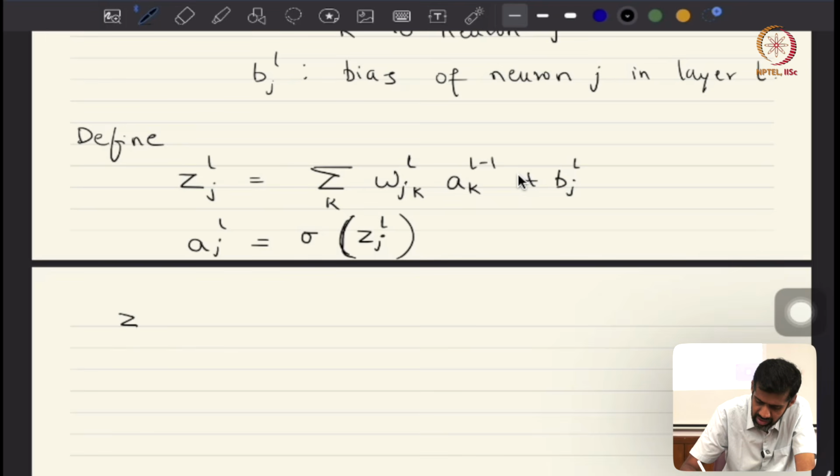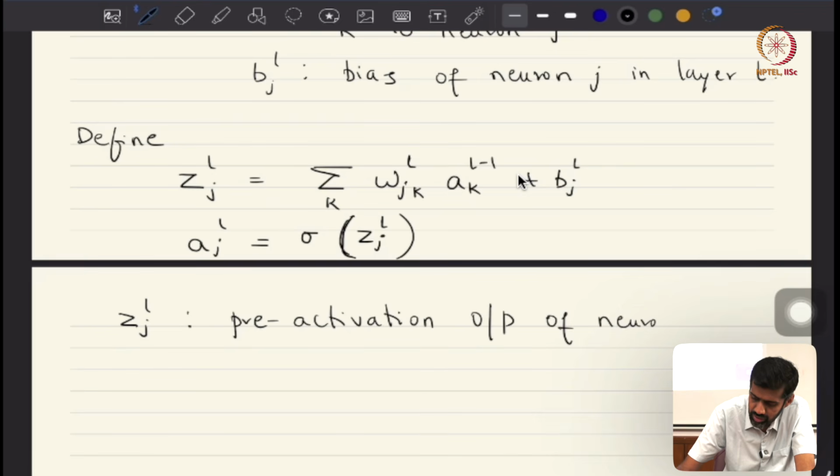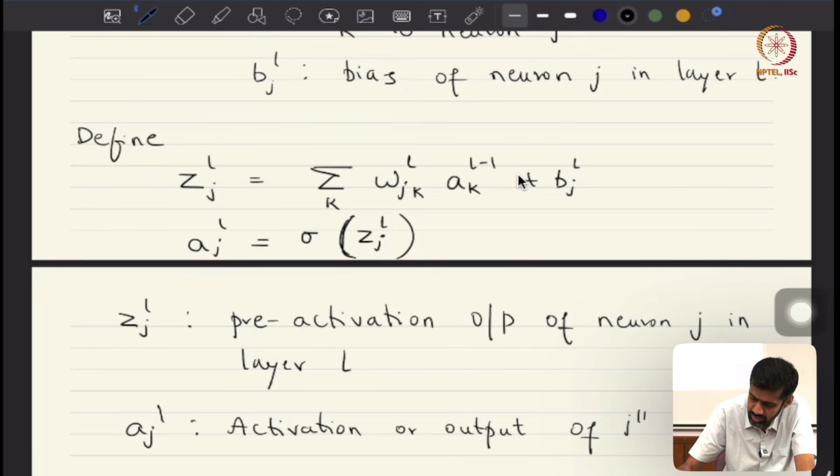So now Z J L is the pre-activation output of neuron J in layer L. And we have A J L, which is the output or activation, it is also called activation or output, of the jth neuron in the Lth layer.